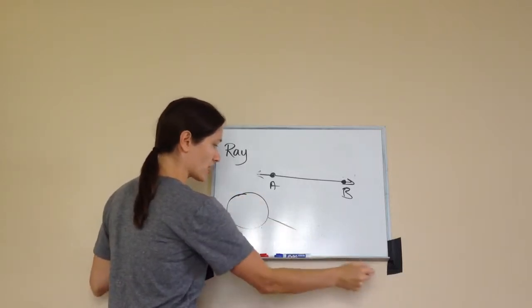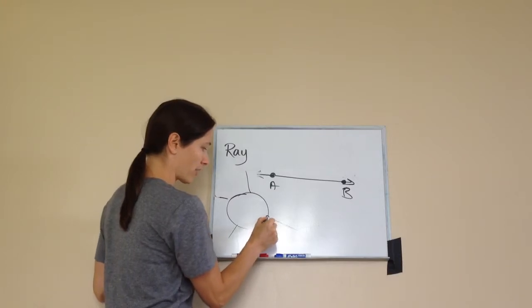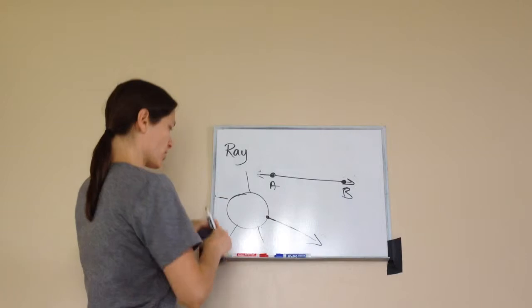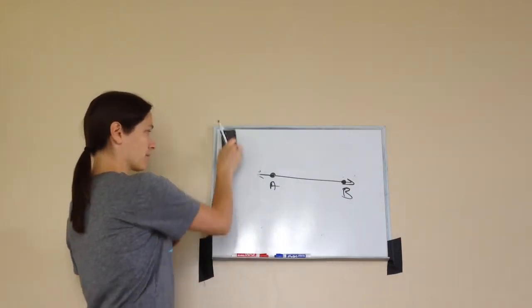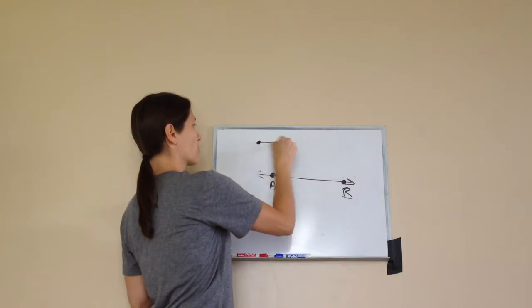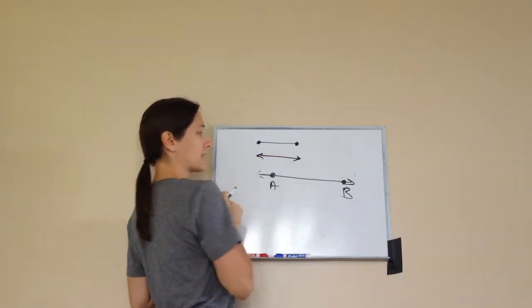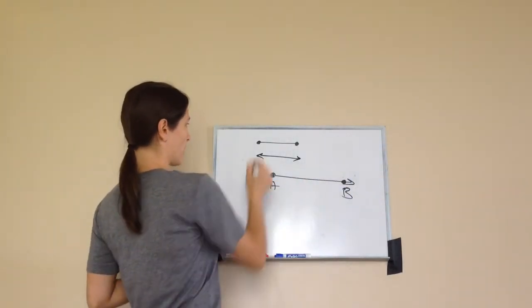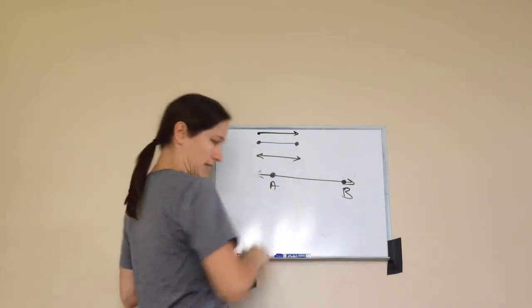Okay, and the rays just keep going, keep going. Okay, so it has a stopper here, and it keeps going to the end of the earth. Okay, so that is how you can remember ray. Then you have segment, which has the two stoppers, and then you have line, which has arrows showing that it extends in both directions forever.